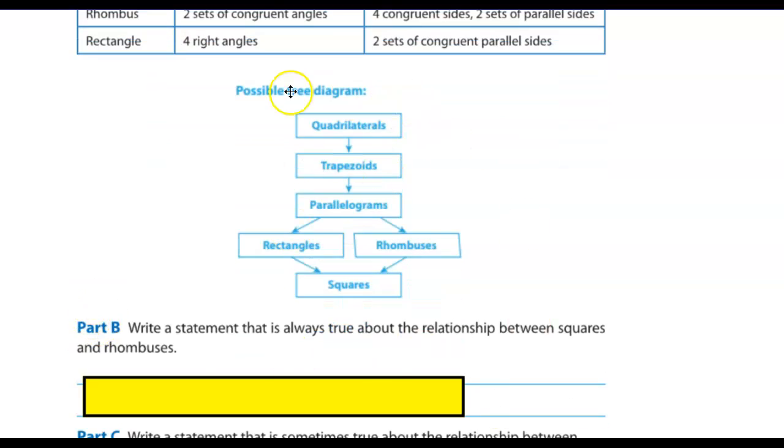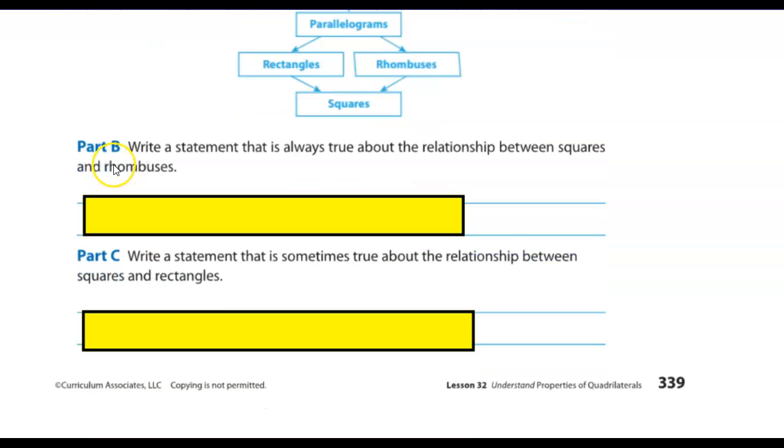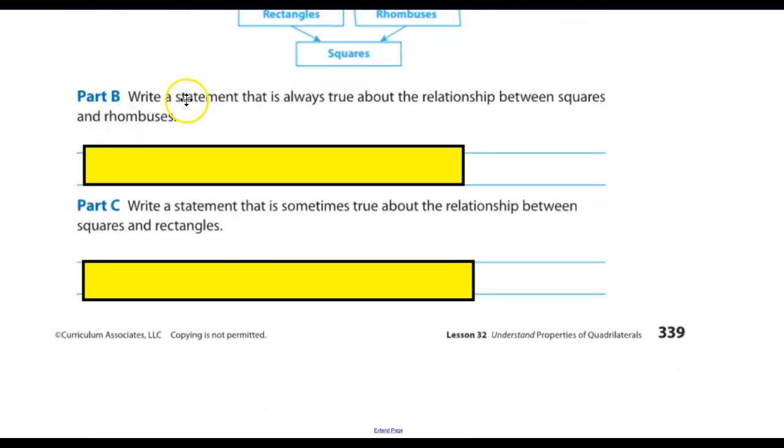You will need to know about the tree diagram. Part B. Write a statement that is always true about the relationship between squares and rhombuses. Please pause the video and write your answer down, and then we will resume in just a moment.